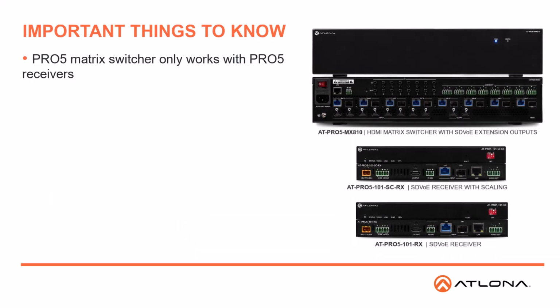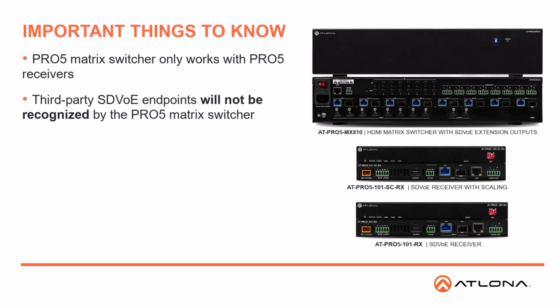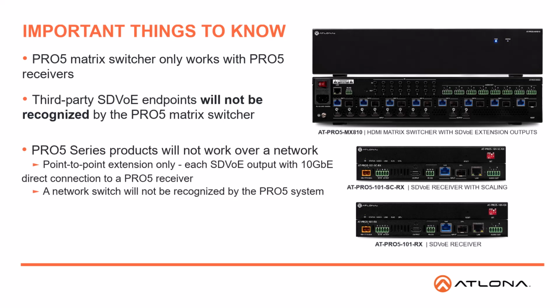There are some important things to consider with the Pro5 series. The matrix switcher works only with Pro5 receivers. Third-party SDVoE endpoints will not be recognized by the Pro5 matrix switcher. Although SDVoE allows interoperability between manufacturers, we wanted to make Pro5 self-contained, so it would be as simple to integrate as possible.